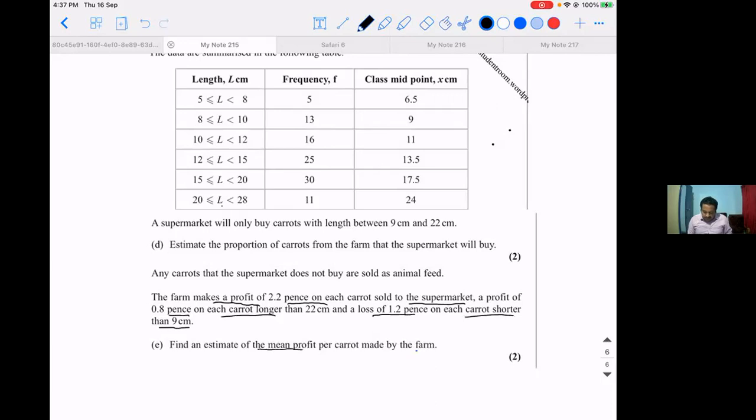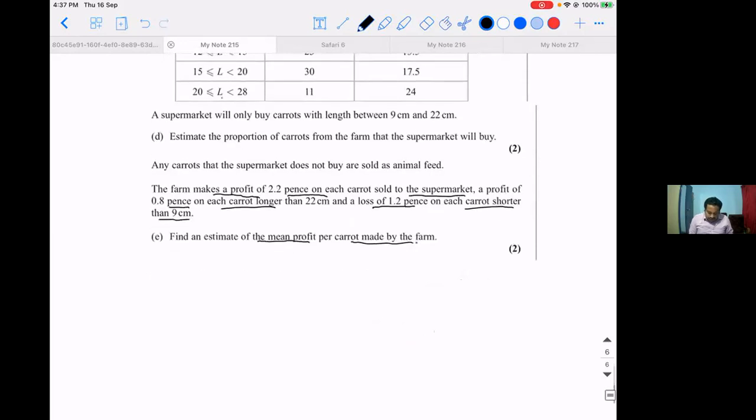So find the estimate of the mean profit per carrot made by the farm. So that means we will first calculate the total profit made by the farm for 100 carrots.